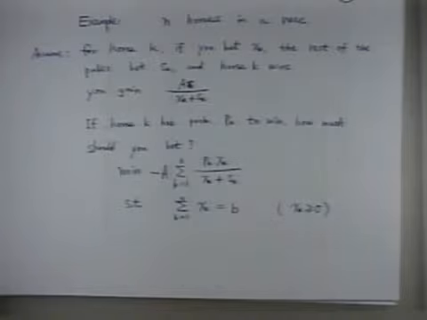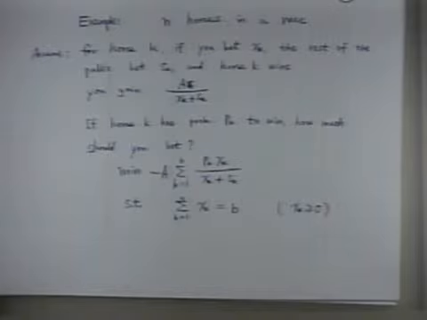Let's assume there are n horses in a race, and for a particular horse, call it horse K, you bet some value x of K, and the rest of the public bet S of K. If this horse K actually wins the race, you gain a value which is A multiplied by x of K divided by x of K plus S of K. And A is some base value.